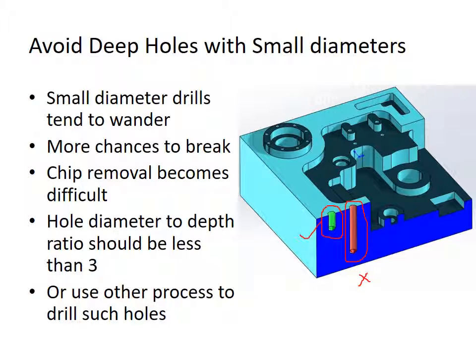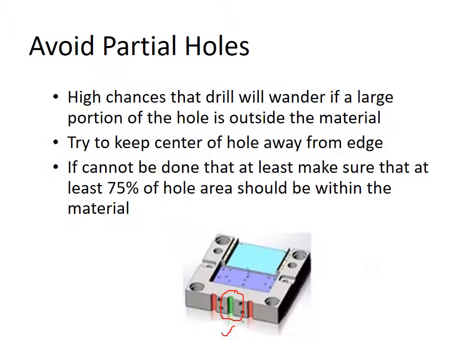A deeper hole would also create difficulties in taking chips out from the bottom of the hole, and it was found that the hole depth to diameter ratio should be less than 3, or if that cannot be done, then another process should be preferred over drilling. Hence, this design would be preferred over this. As you can see in the figure, the red design should not be preferred as it is deeper than the green design.